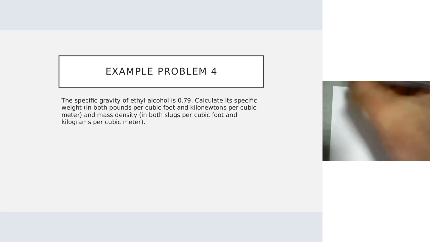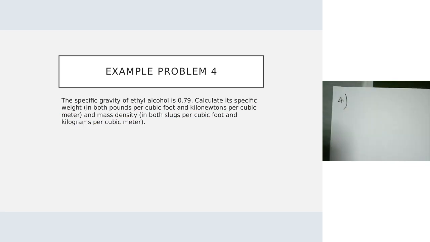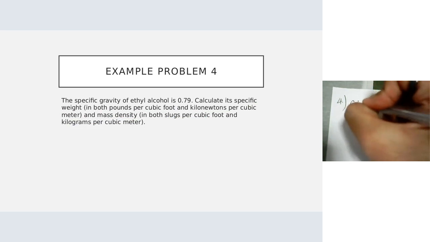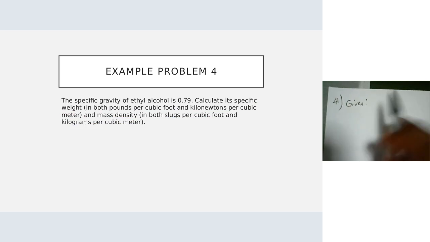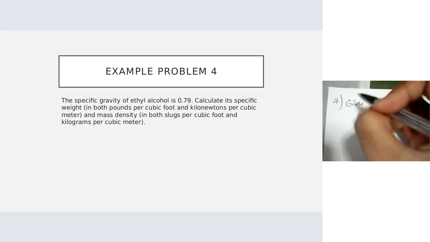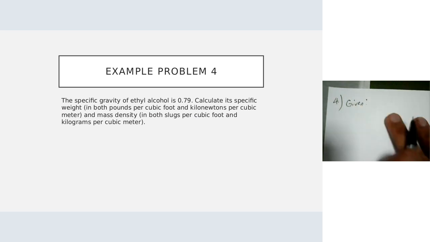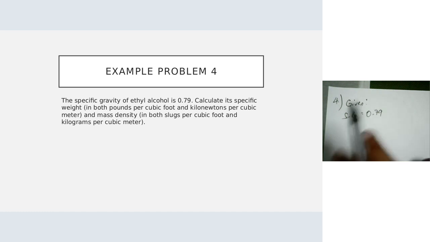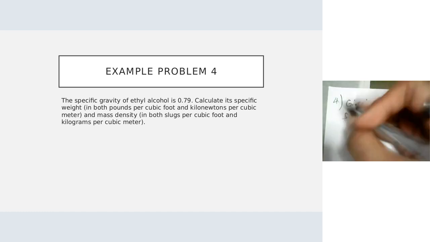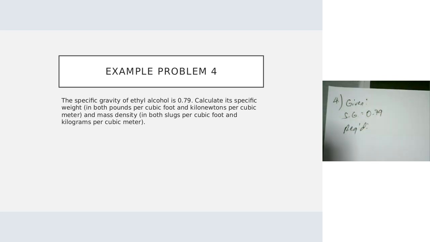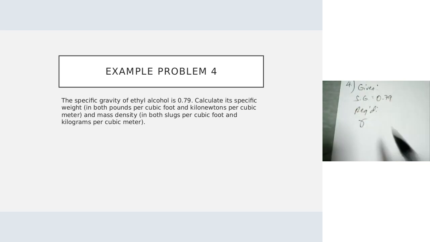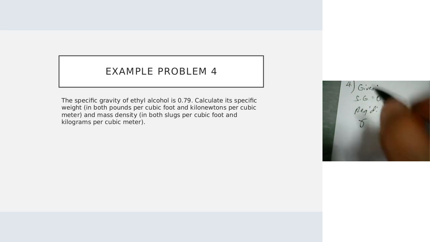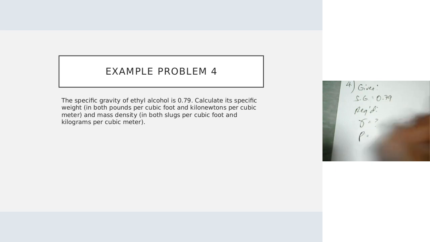Okay, so we have number 4. Let's write the given. So we have a fluid that is the ethyl alcohol, and we are given the specific gravity. And then the required are two fluid properties, which is specific weight and mass density.